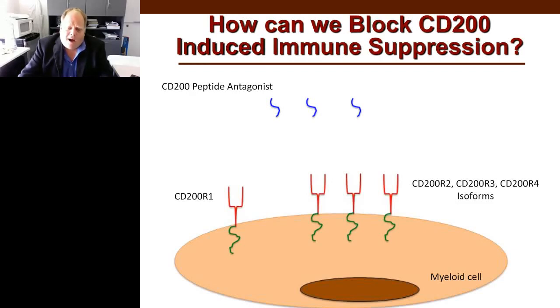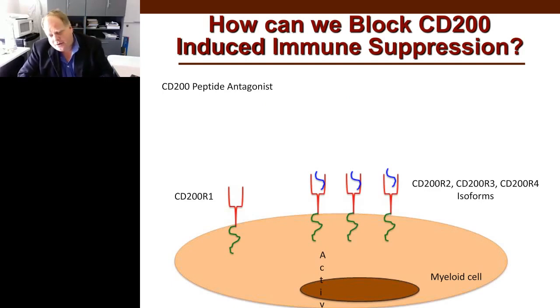and what we're hypothesizing, and this is a hypothesis based off one of Gorzinski's manuscripts as well, is that potentially these peptides bind to the isoforms, and these isoforms actually activate an immune response.